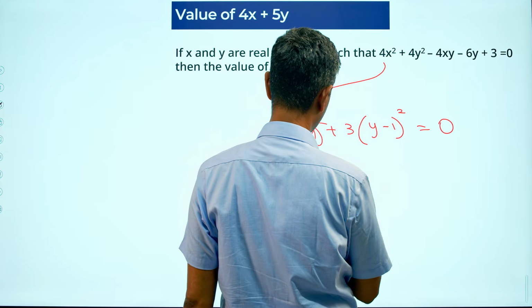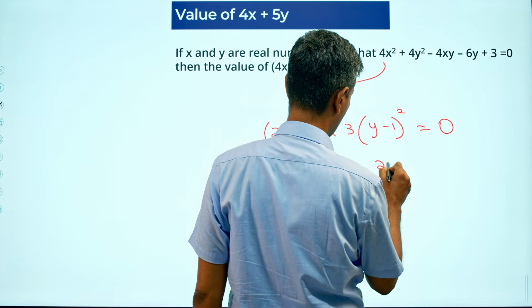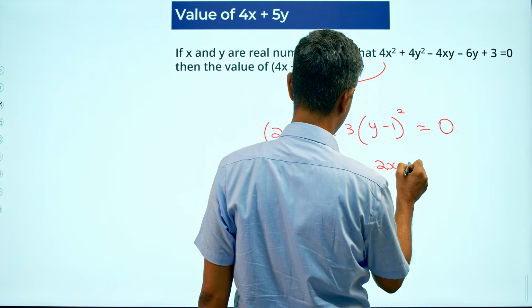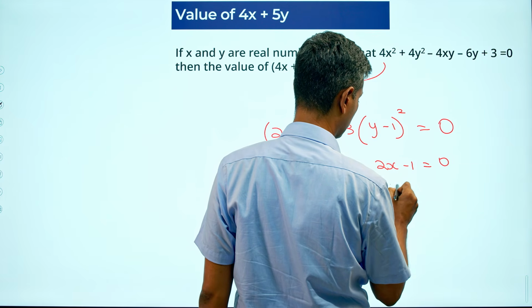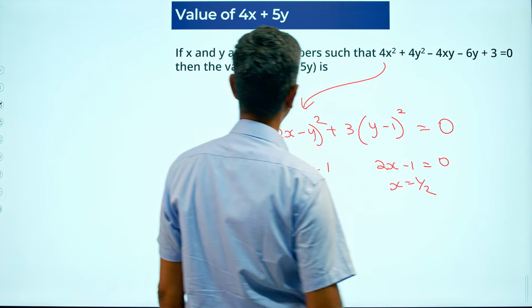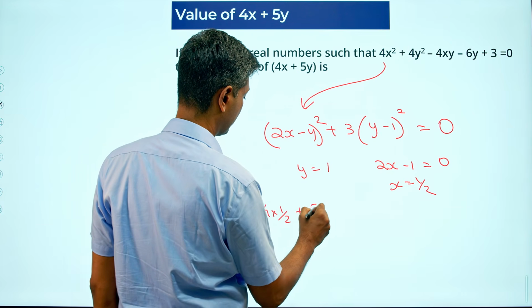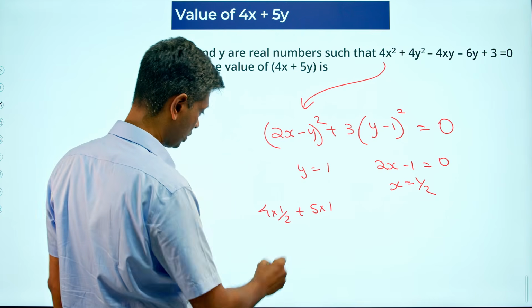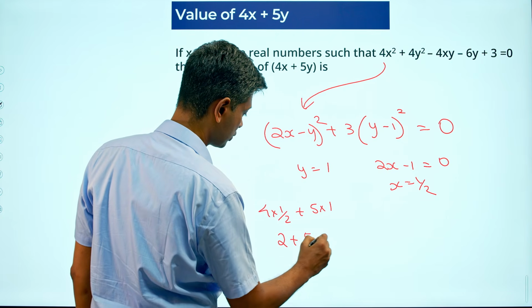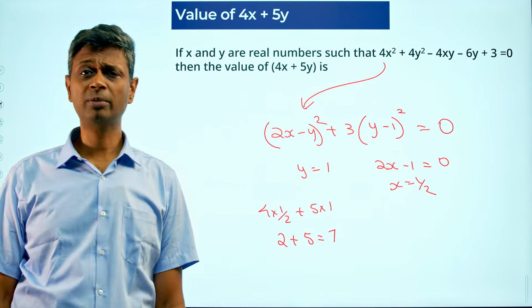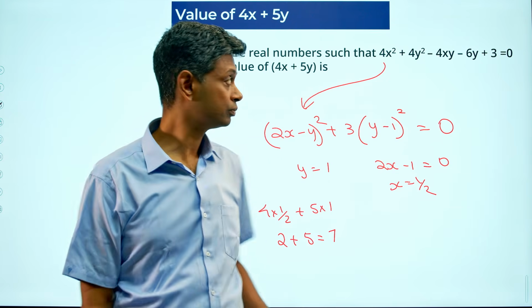So this should also be 0. This should be 1. So 2x minus 1 is equal to 0. x is half. 4x plus 5y is 4 into half plus 5 into 1. 4 into half is 2. 2 plus 5, which is 7. Completion of squares and manipulating some form, we are through.